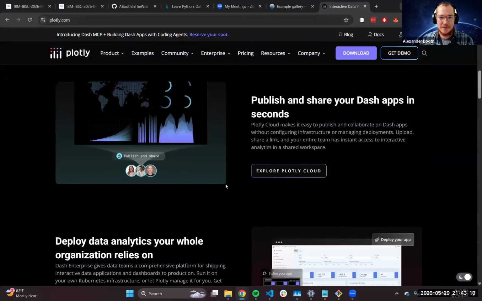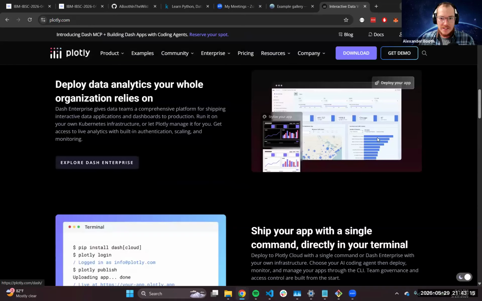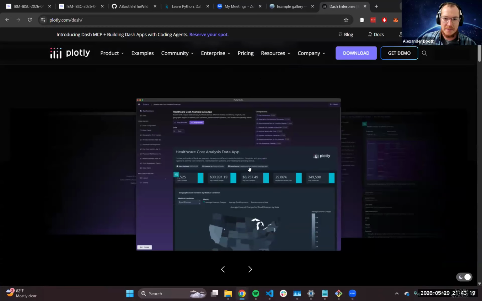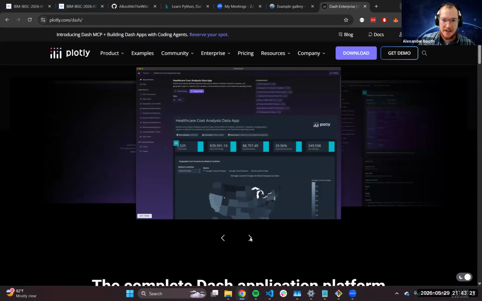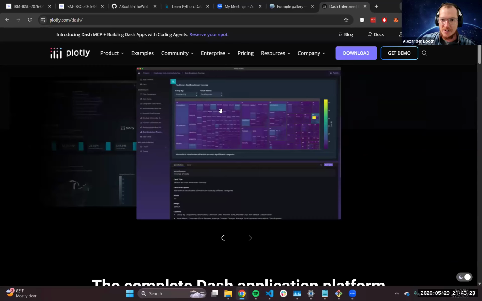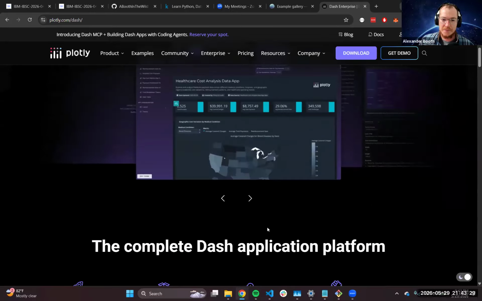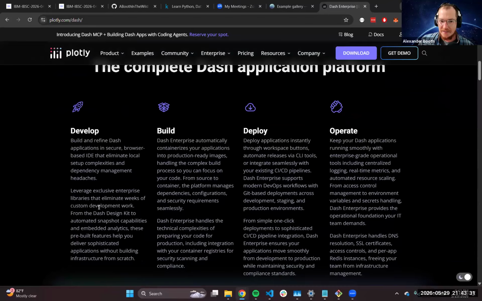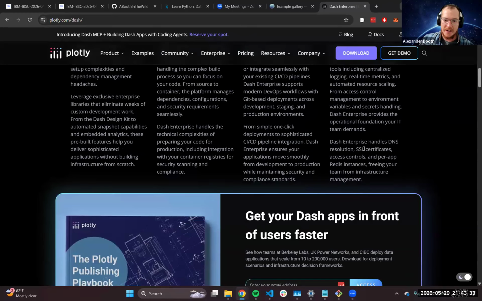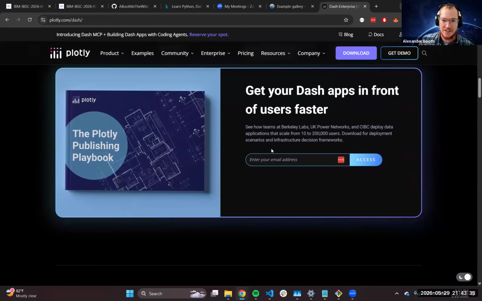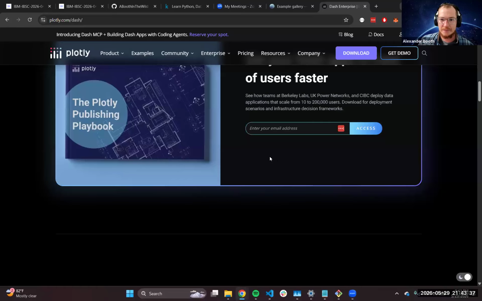Let's see if I can find an example of a Dash app. This is Dash Enterprise, but the open source one is pretty similar. So how do you build out interactive web applications that surface and visualize your data as well as add in those filters and context? That's the idea of developing, building, deploying, and operating data applications and Dash apps as quickly as possible.